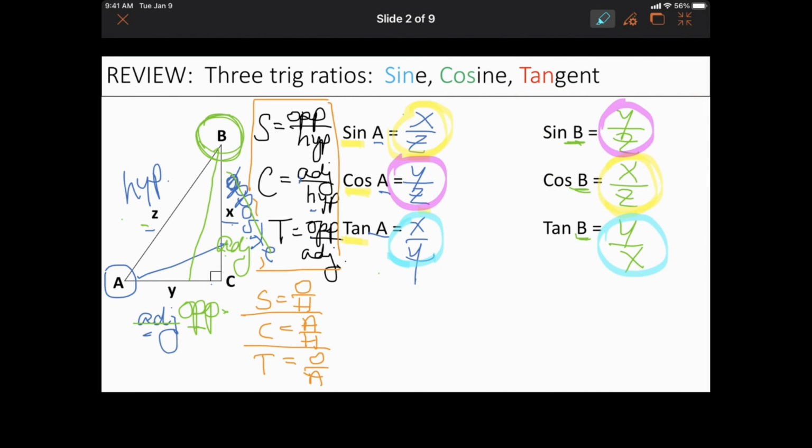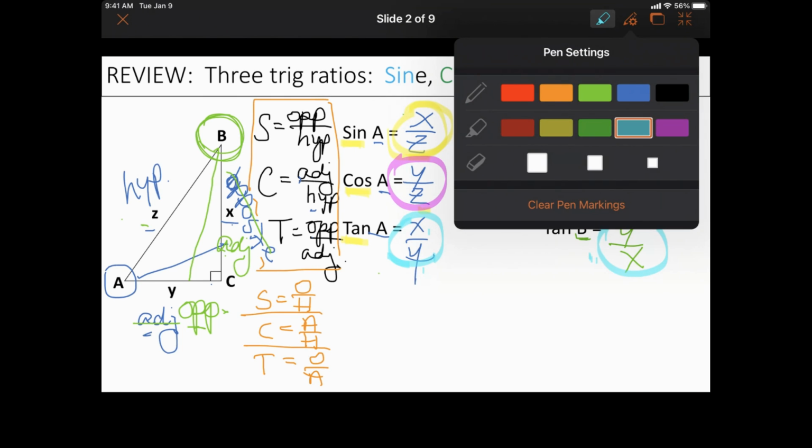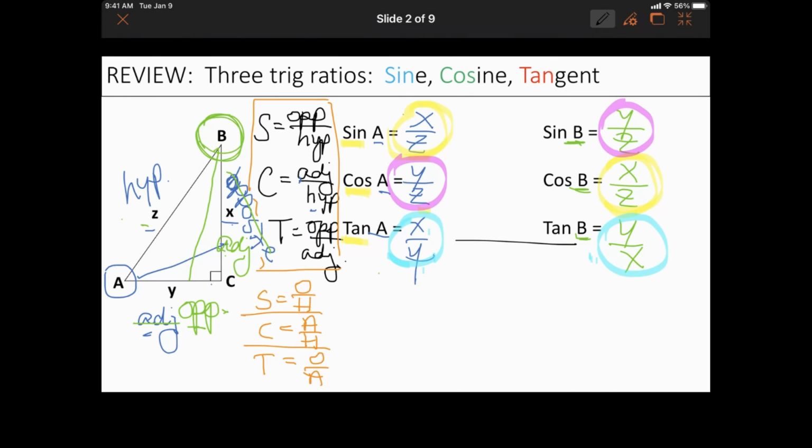So not to confuse you, you can see that x is in the numerator, y is in the denominator, and then here, this way, it's switched. So these two are reciprocals of each other. So there's this nice relationship happening between the two acute angles.